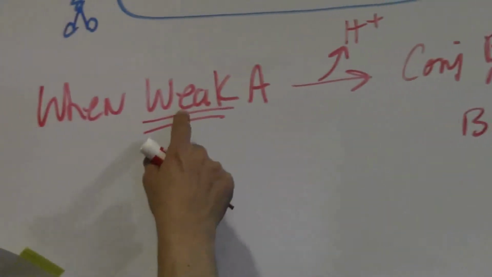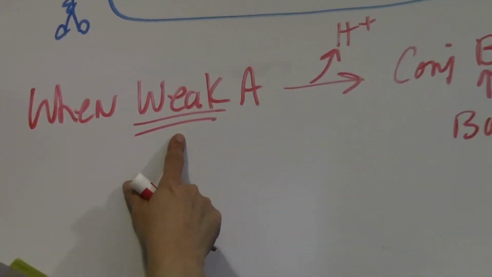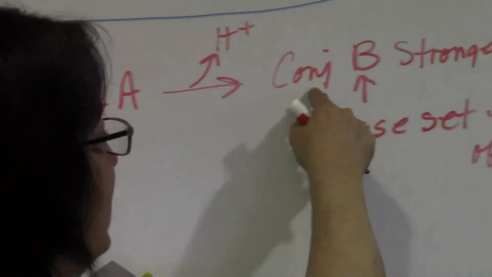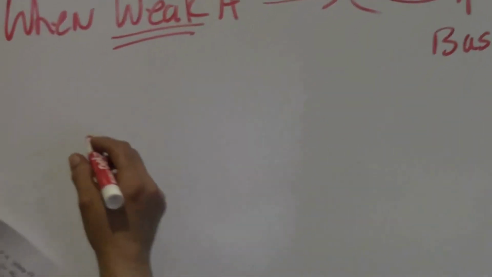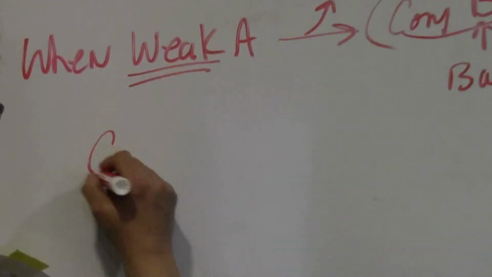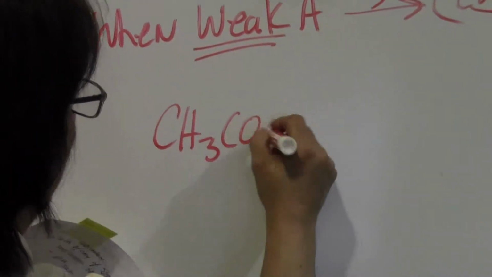So when you have a weak acid or base, and you see the conjugate in a salt, let's do an example. For example, here's our weak acid.